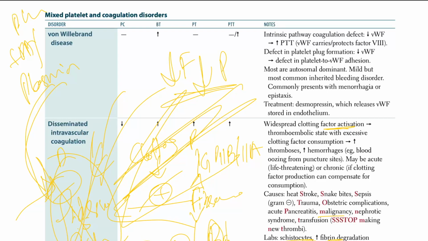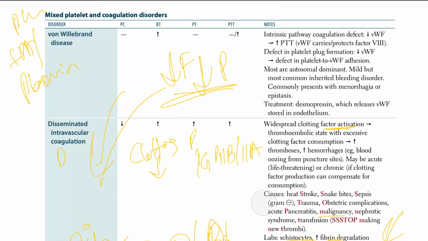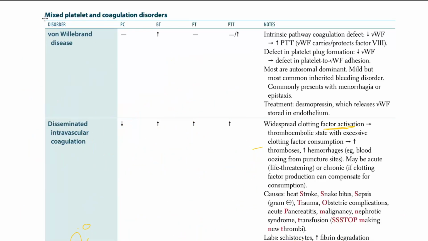That will be increased. You are decreasing fibrinogen because you are converting so much of this into this. So you're decreasing fibrinogen levels, decreasing factor 5 and factor 8, because of activation of this common pathway and the intrinsic or extrinsic pathway.